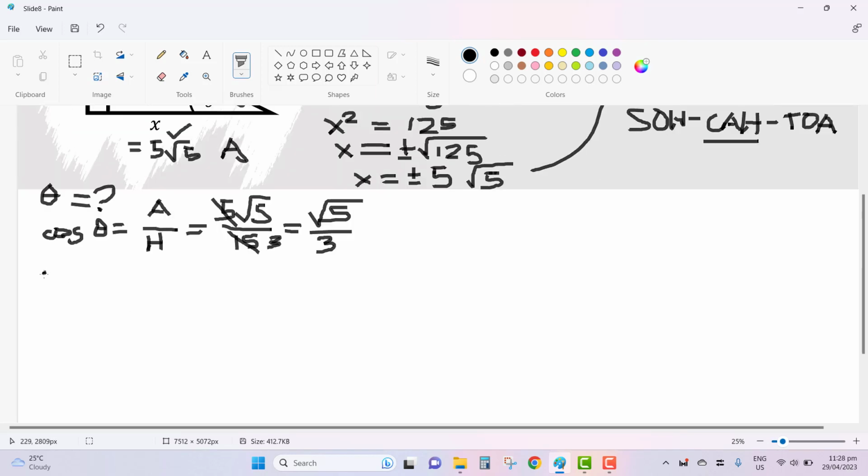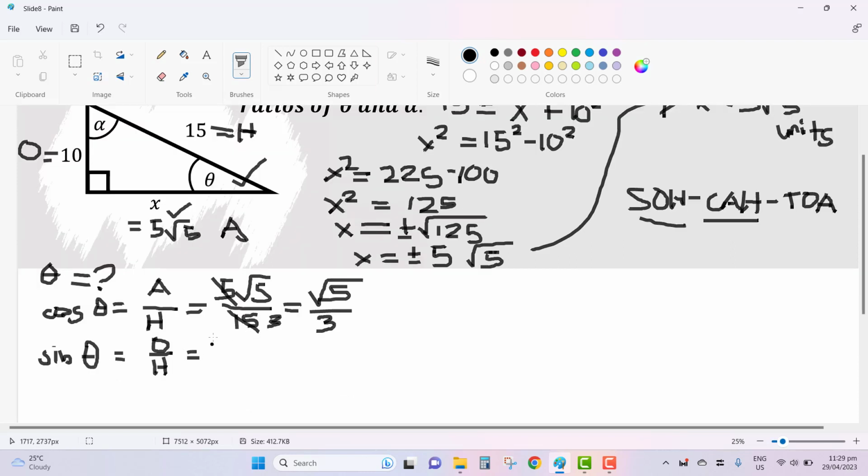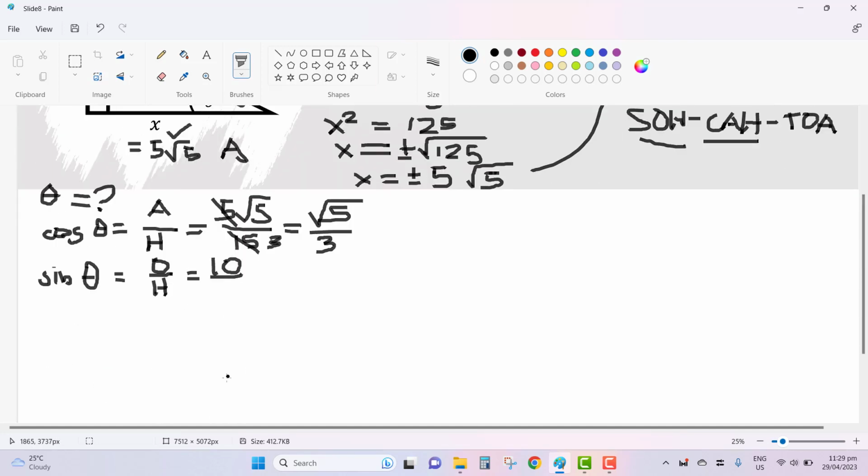Let's proceed to the next. Let's have sine theta. Sine theta, according to the SOH-CAH-TOA, is the ratio of the opposite side over your hypotenuse. Your opposite side is exactly given as 10, and your hypotenuse is exactly given as 15.